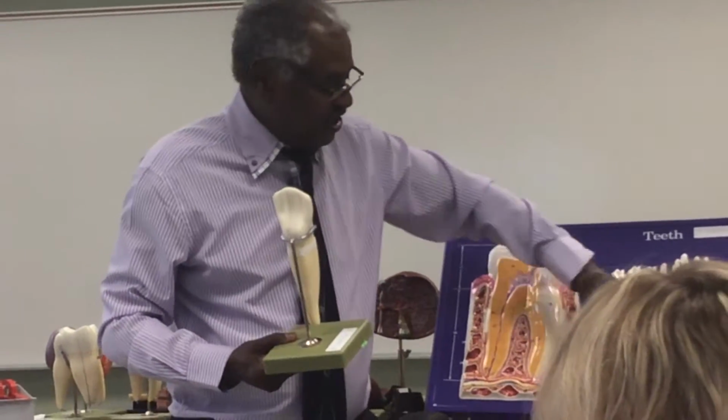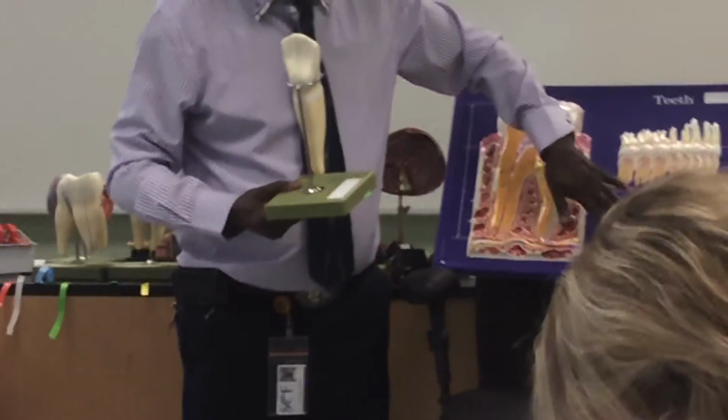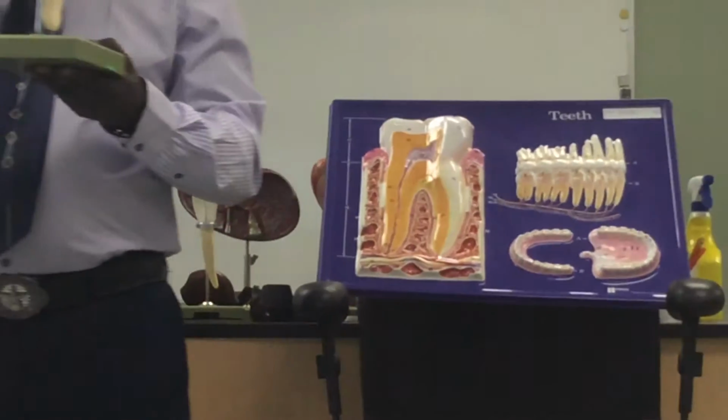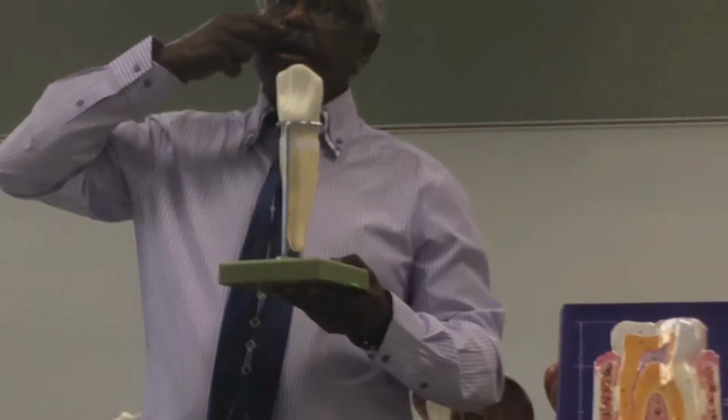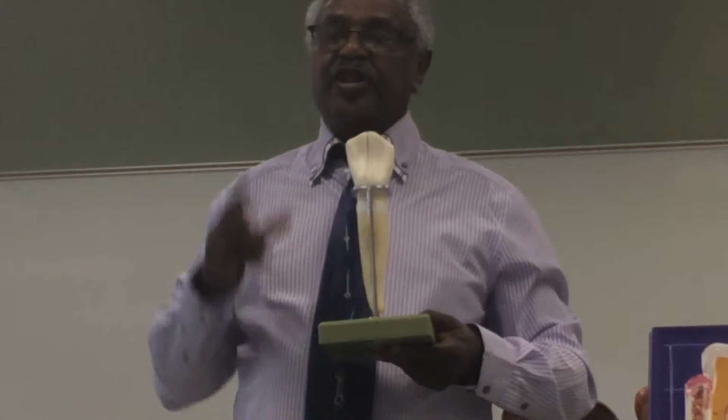So this is the lower jaw, this is the upper jaw. You have the jaw, you have 4 quarters: upper right quarter, upper left quarter, lower left quarter, lower right quarter. So there are 2 in each quarter, so there is 8.